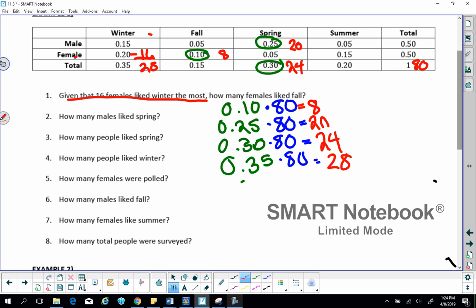This one, 8. Yeah. What about how many females were cold? Yeah, what's 50% of 80? What's half of 80? 40.